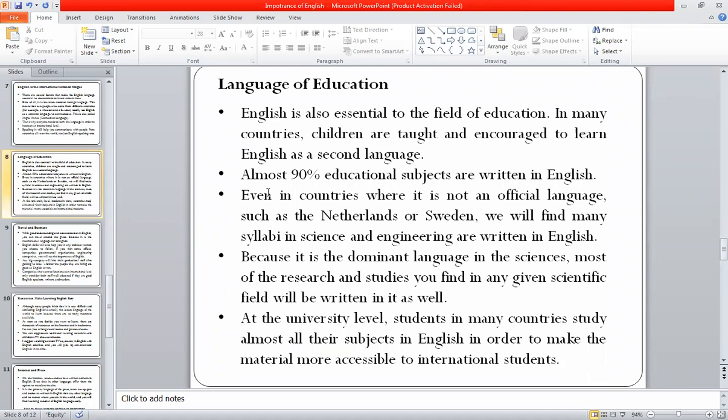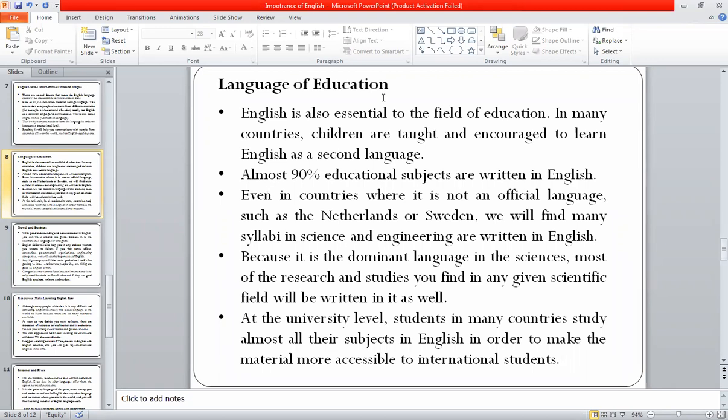If our learning medium is our own mother tongue, then it becomes very difficult to switch when we have this English language for our degree programs or post graduation programs.